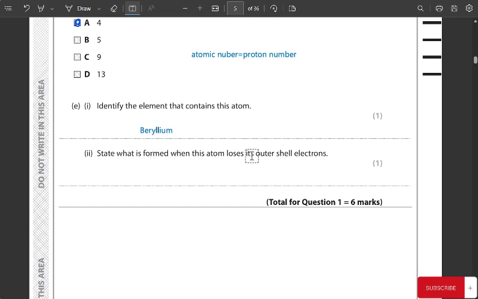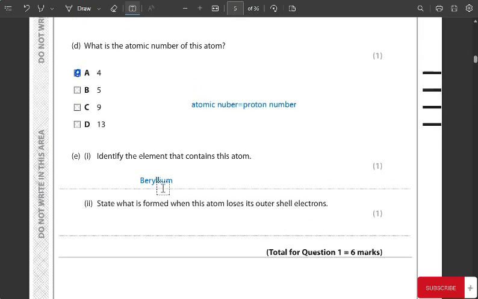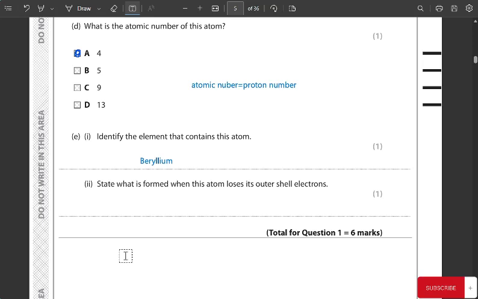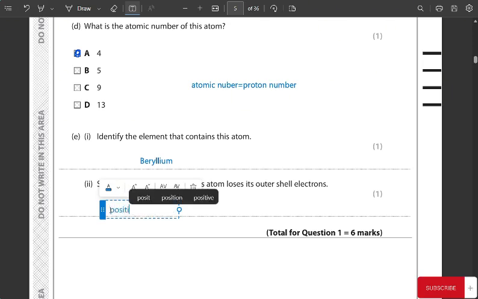State what is formed when this atom loses its outer shell electrons. Okay, if the atom loses its outer shell electrons, the number of electrons will be less than the number of protons. If the number of protons is more than the number of electrons, the charge will be positive. It means that a positive ion forms.